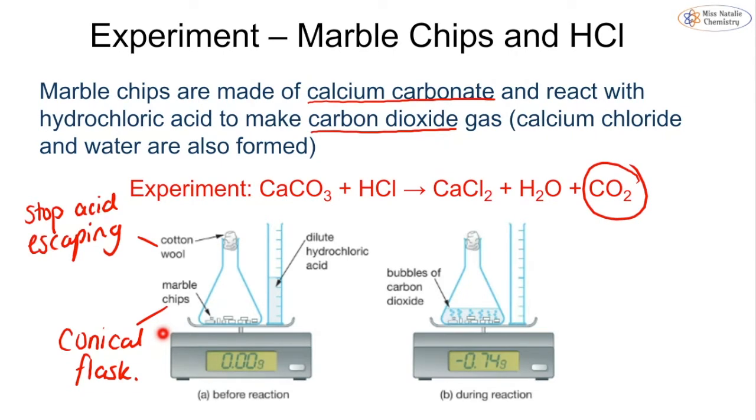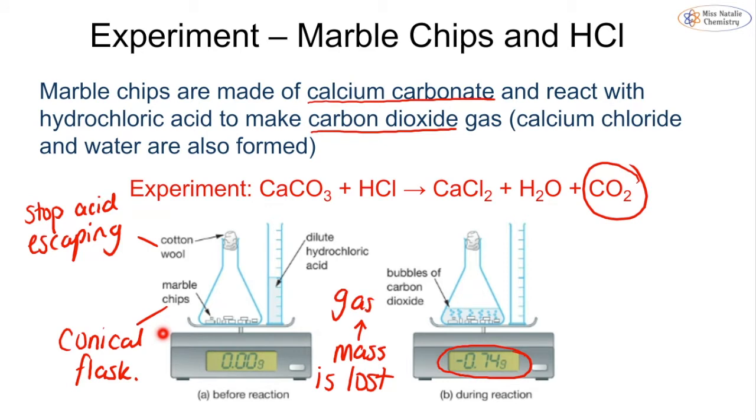Now, that is not correct. We do actually want the gas to escape. As you can see on the balance and the second part of the reaction, we are getting a negative number here. This is meaning that mass is lost in this experiment, and that mass that is lost comes from the gas.